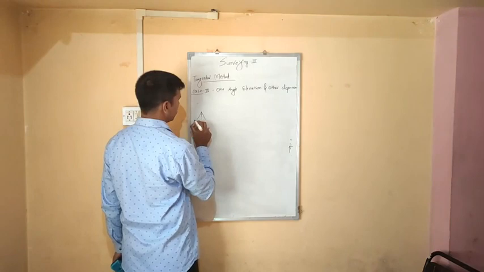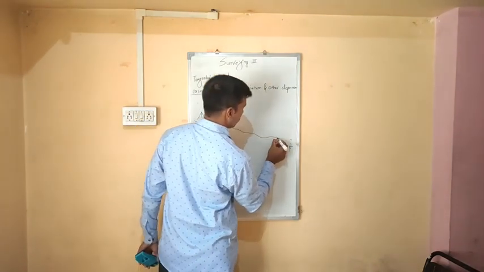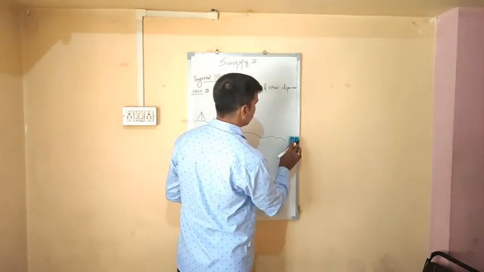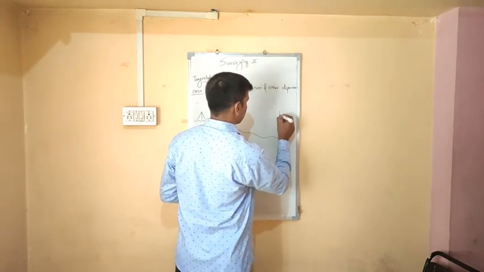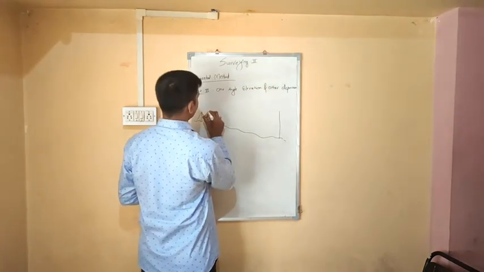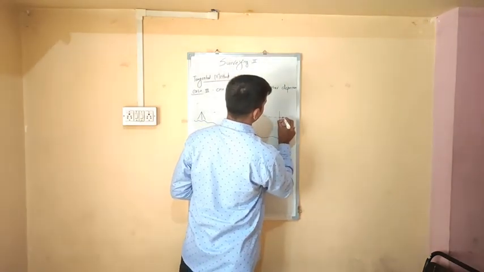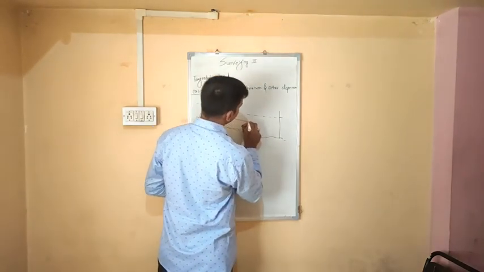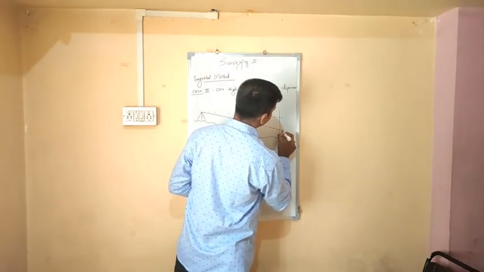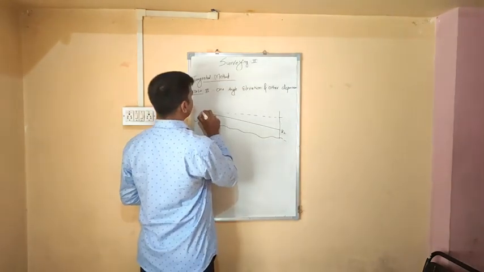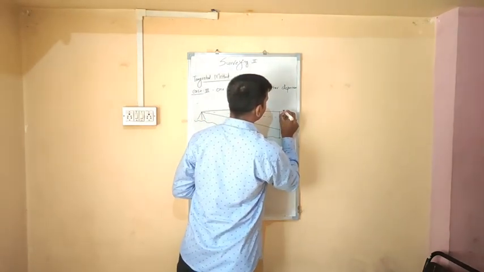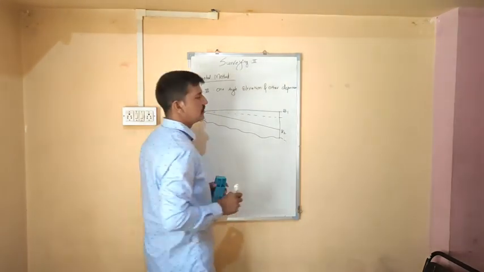So this is the instrument. Here I have kept the staff like this. So this is the instrument axis. One is the bottom target which is B2, and the other one is the elevation which is B1.